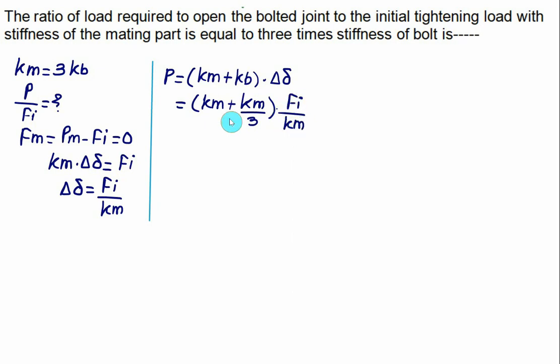That is why we substitute here for Kb is equal to Km by 3. So Km will get cancelled from numerator and denominator. This one is 3 plus 1 is 4 by 3 times Fi. So we have P is equal to 4 by 3 times Fi. It means that we have the required ratio P divided by Fi is equal to 4 by 3. 4 by 3 is equal to 1.33.